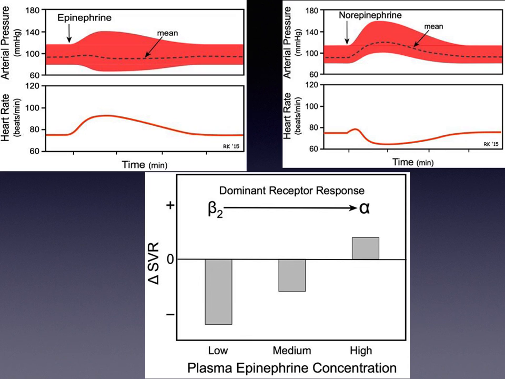When there's a higher concentration, the epi, of course, will increase our vessel pressures because of how it binds to the alpha adrenal receptors on blood vessels, which offsets the beta-2 adrenal receptor mediated vasodilation.